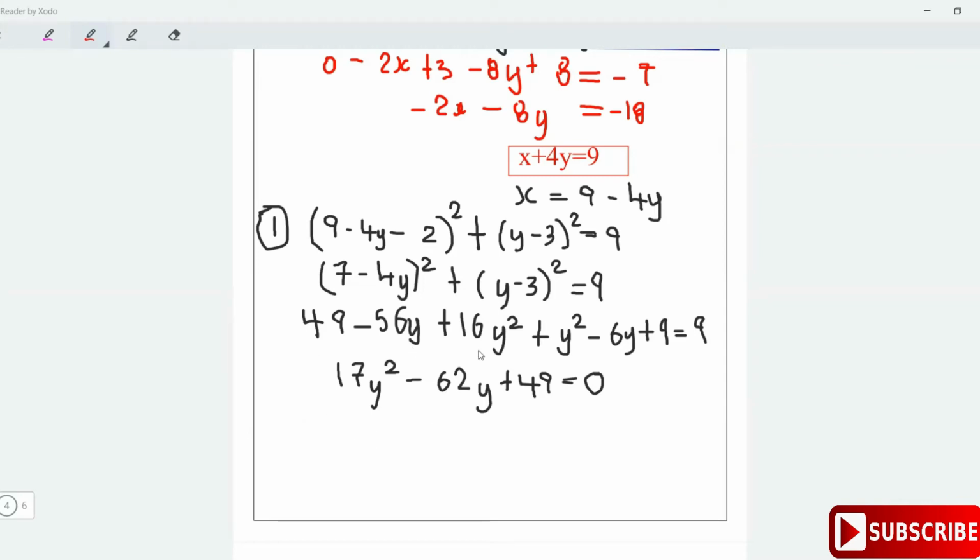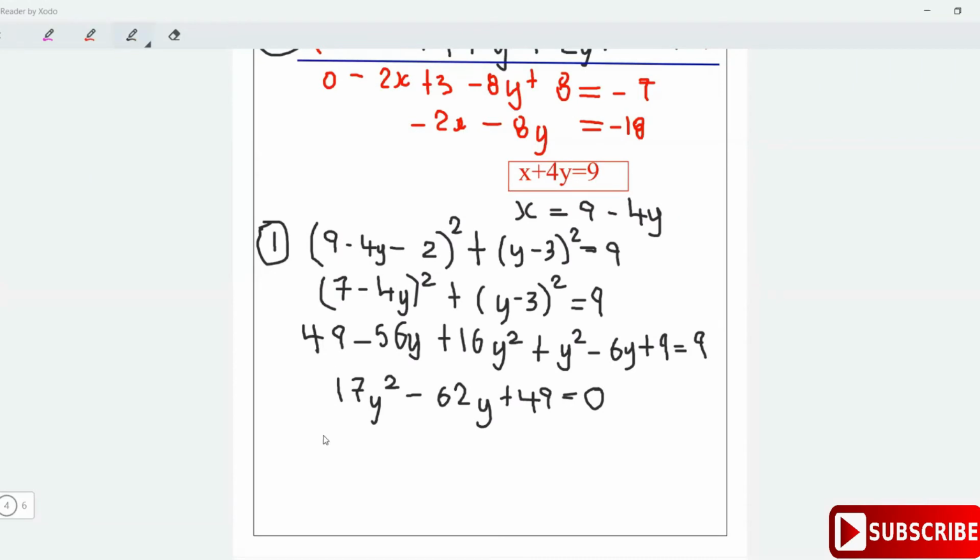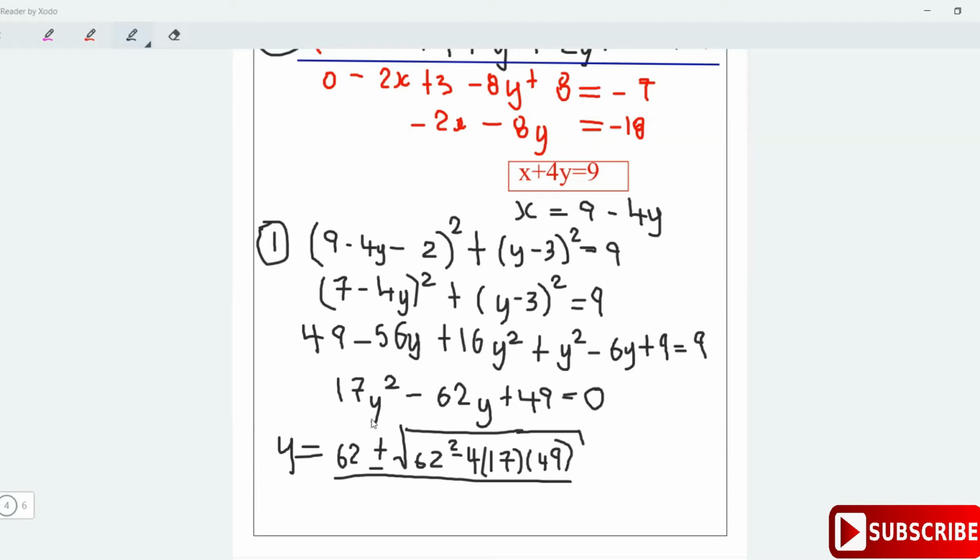All right, so using the quadratic formula, we're going to get y is equal to minus b, which is 62, plus or minus the square root of b squared minus 4ac, which is 62 squared minus 4 times 17 times 49, then divided by 2 times a, which is 2 times 17, which is 34.